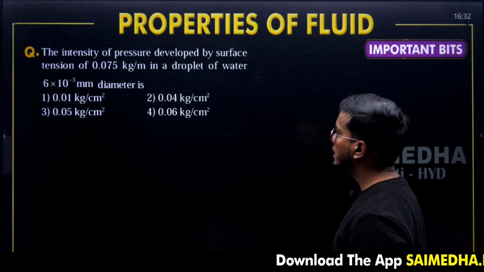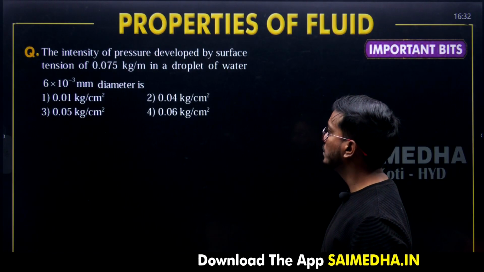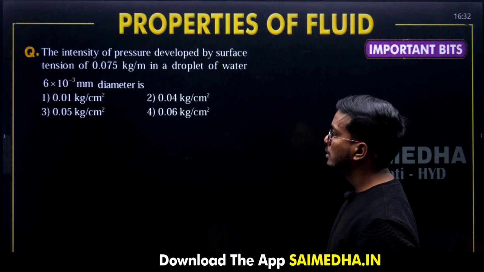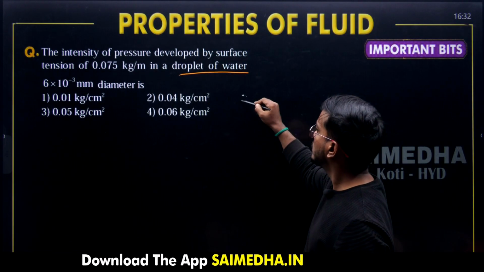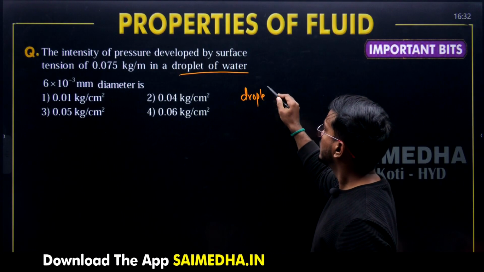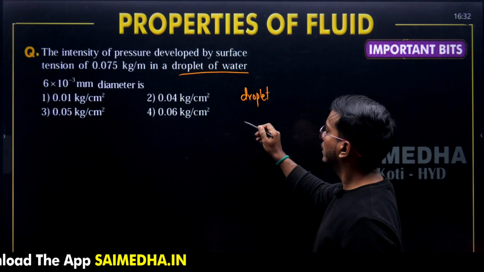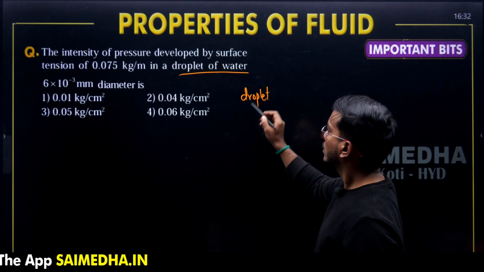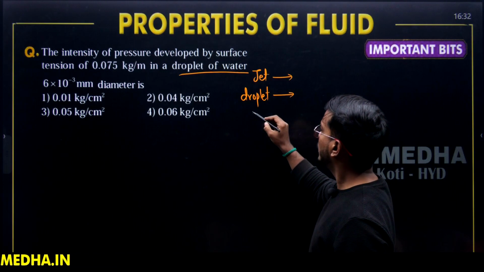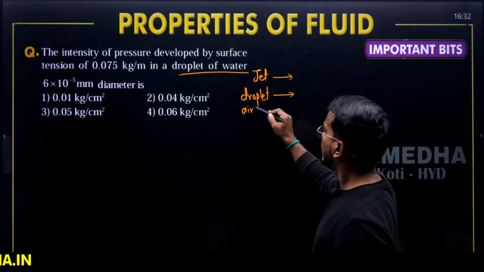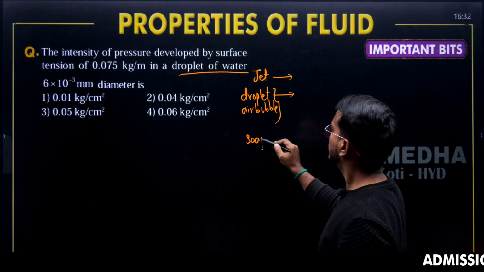The intensity of the pressure developed by the surface tension of 0.075 kg per meter in a droplet of water. I have told you 3 formulas: one for a droplet, another for an air bubble, and a soap bubble. First was for a jet, second was droplet, third was air bubble, and the last one is soap bubble.